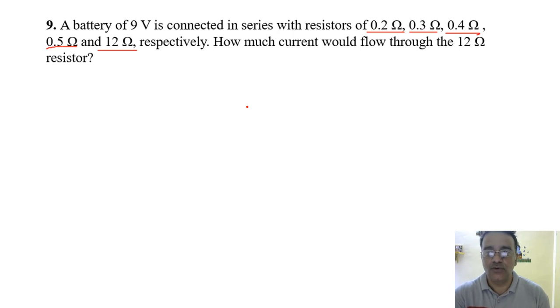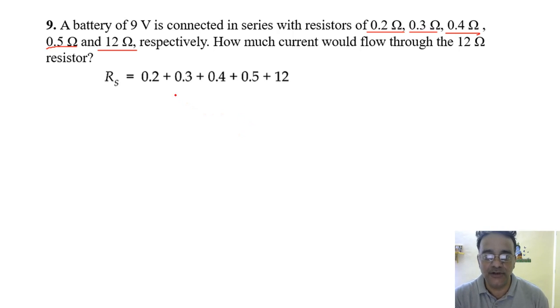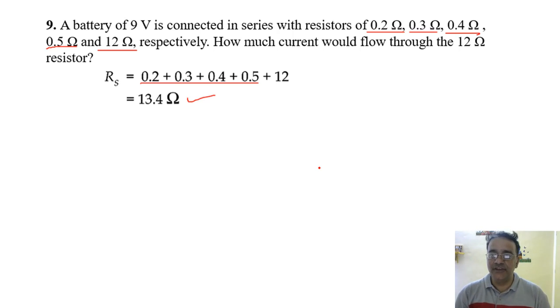है. So the total resistance will be equals to 0.2 plus 0.3 plus 0.4 plus 0.5 plus 12. So if we add all this, we are getting 1.4, so 13.4 ohm. So according to Ohm's law, I is equals to V by R. Okay, we can use any form.